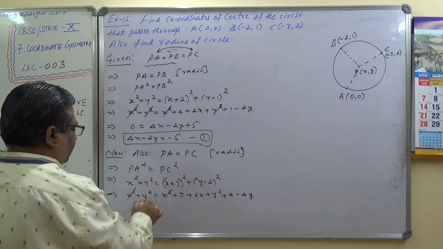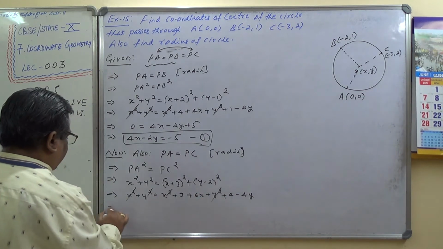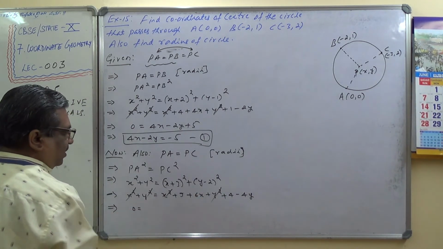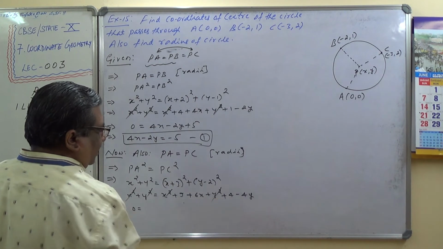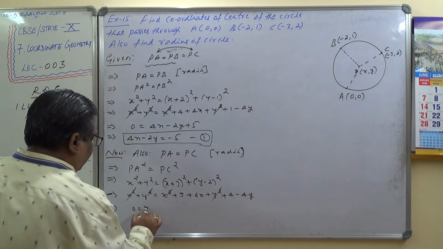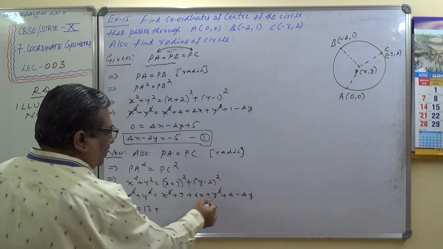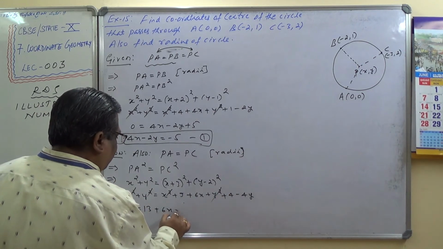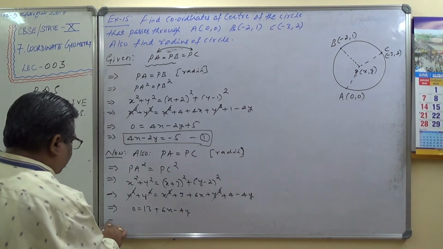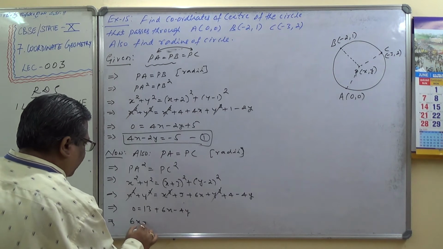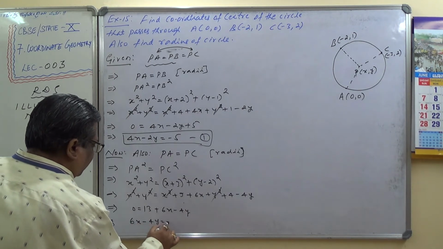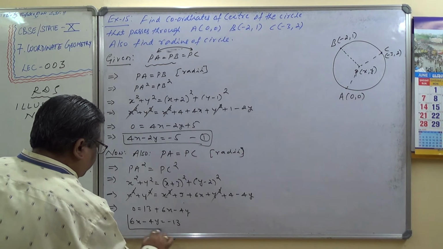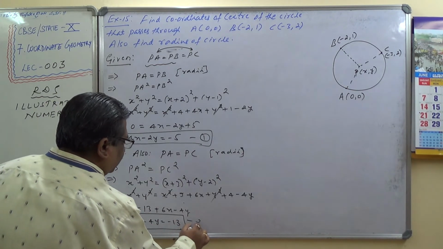This x square, y square cancel, implies 0 equals 9 plus 4, 13 plus 6x minus 4y. So this can be written as 6x minus 4y equals minus 13. So this is another equation.